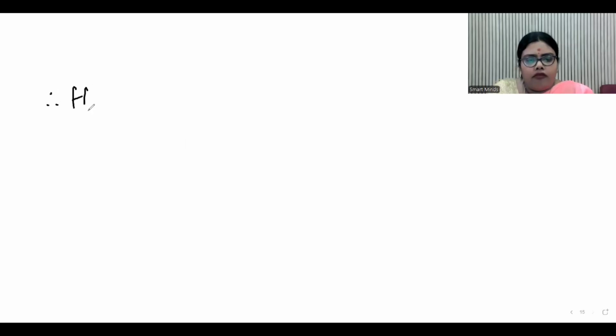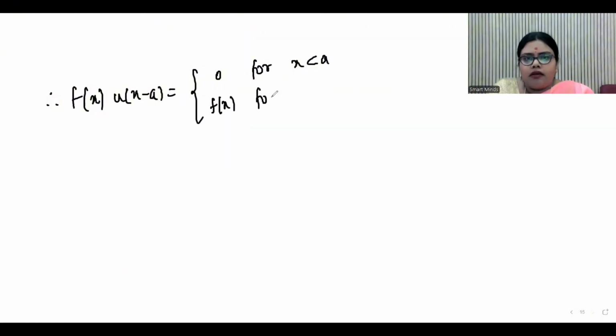Therefore, f of x into u of x minus a is equal to 0 for x less than a, and it is f of x for x greater than or equal to a.